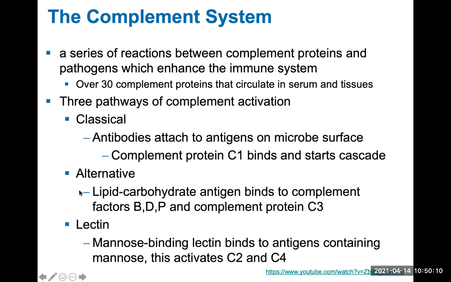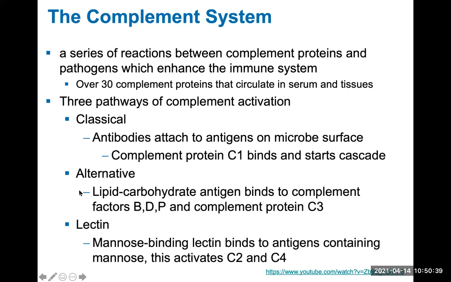Okay, what is it? It's a series of reactions of proteins that lead to increased inflammation, increased phagocytosis, and increased direct killing, so cytolysis. Okay, we have three main pathways that it can be activated: classical, alternative, and lectin pathways.